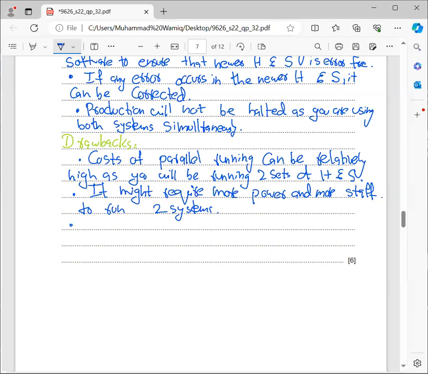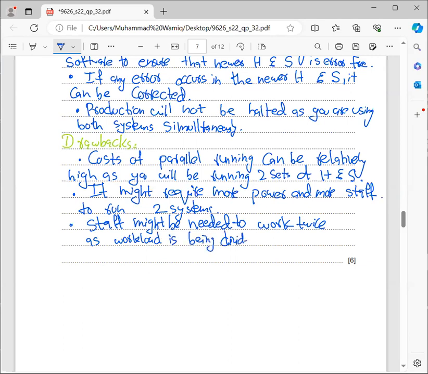The third point can be staff might be needed to work twice as workload is being divided among two systems.